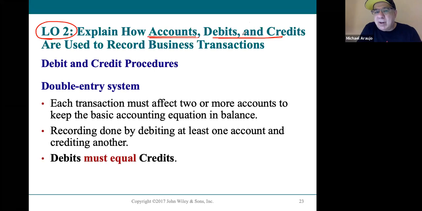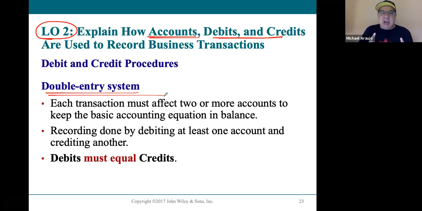It's just a matter of understanding that assets are different than liabilities and stockholders' equity because they increase on opposite sides. And that's part of what we're going to be learning today. Also understand that we still have a double entry system. In other words, you learned in learning objective 1 that every transaction affected at least two accounts, right?